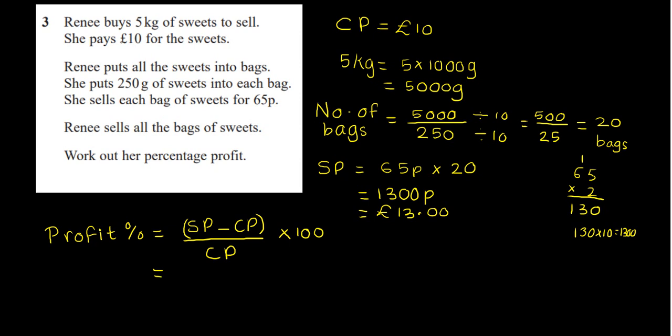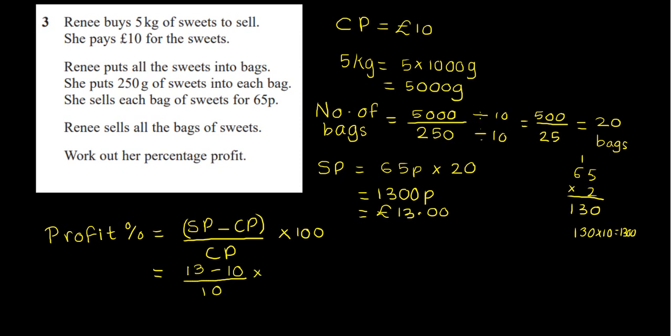Or alternatively, you can do your profit divided by your cost price times 100. Renee's selling price was £13, and her cost price was £10, divided by 10 times 100.